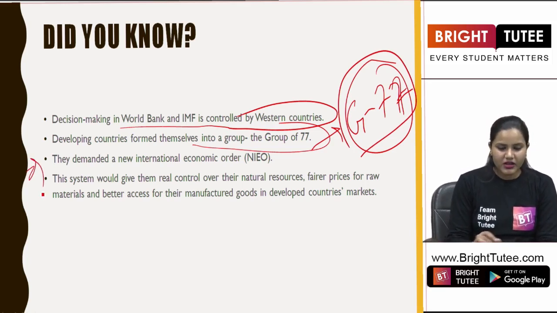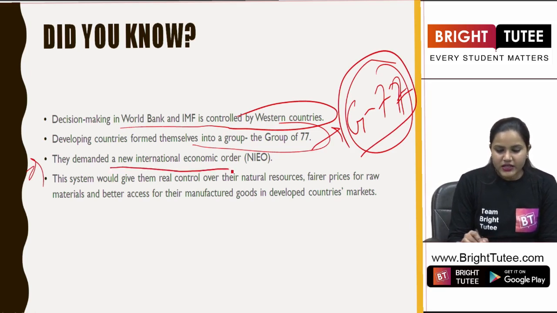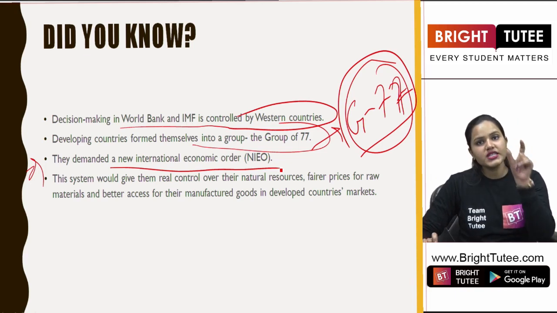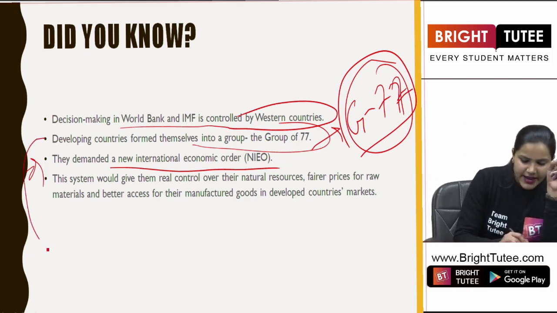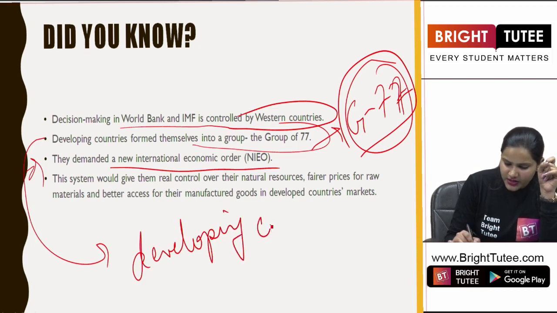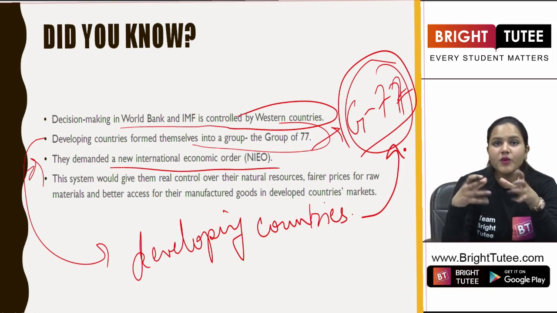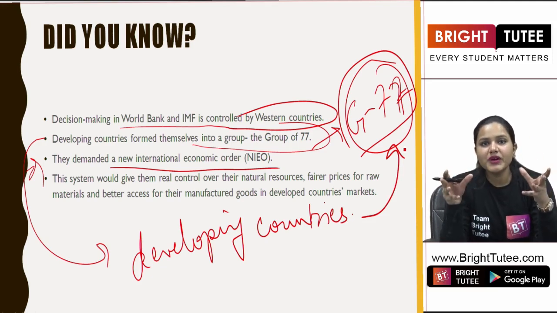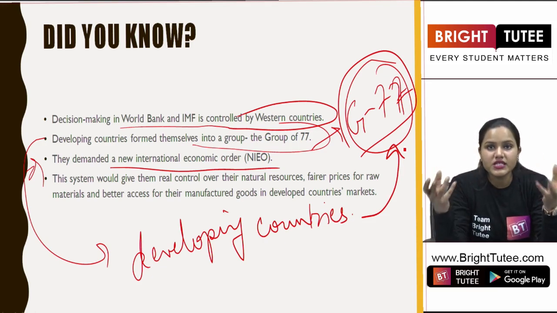The main demand was to get a new international economic order. Now, when we are talking about G77, students, it means that we are talking about the developing countries. And why were these developing countries trying to form an association? Because we saw that these developing countries were not getting any benefit from the Bretton Woods institutions.